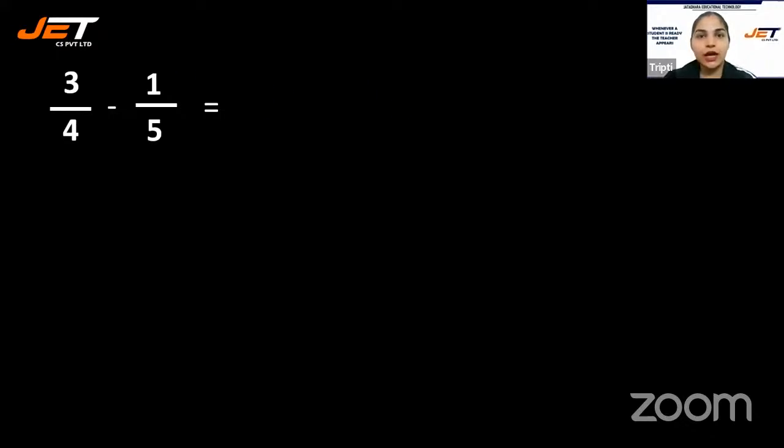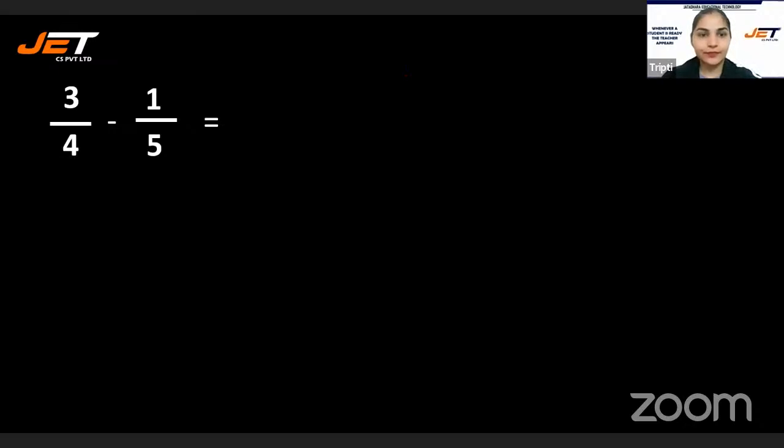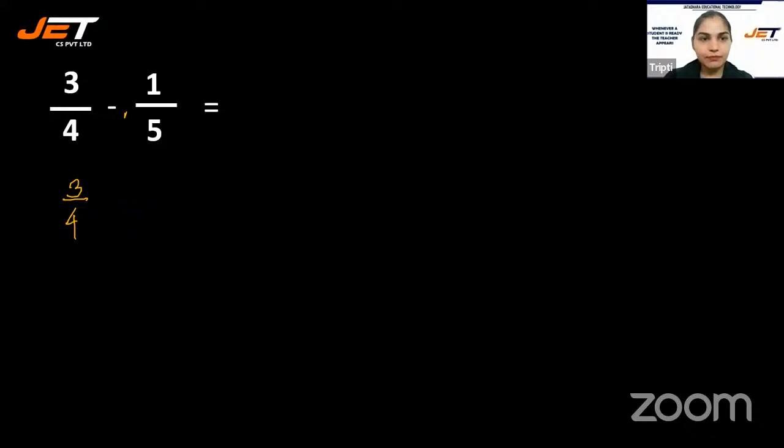Next question, dear children. 3 by 4 minus 1 by 5. So here 3 by 4 minus 1 by 5, multiplying the denominator of the second fraction with the first fraction, 5, and the denominator of the first fraction with the second fraction.